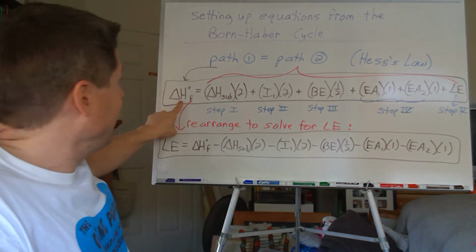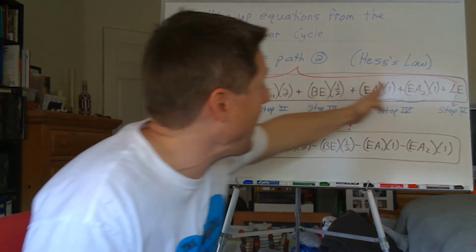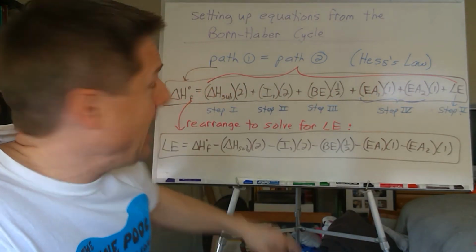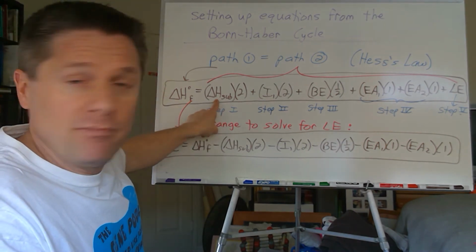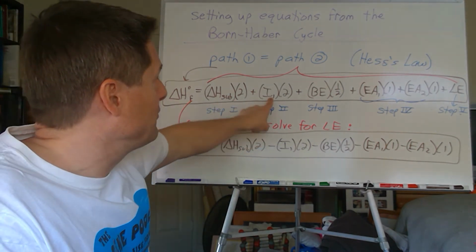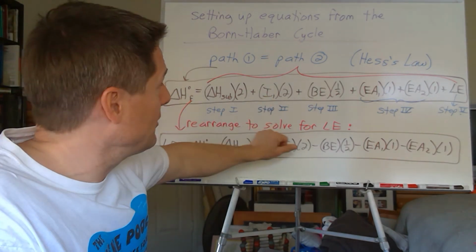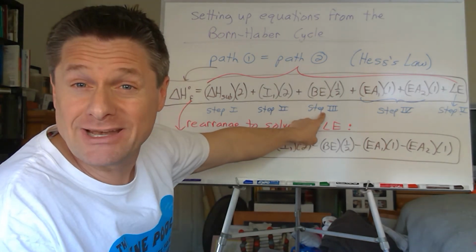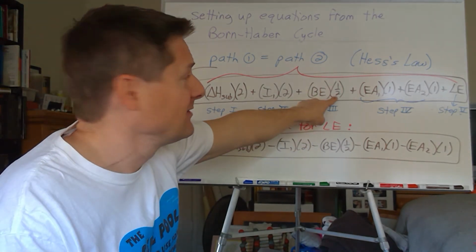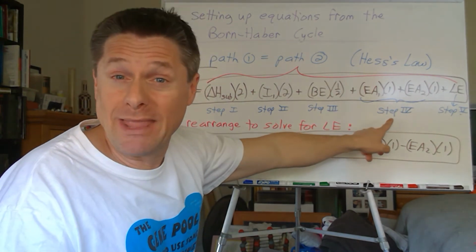So from path 1, that's just the standard heat of formation. Easy peasy. That should equal all of path 2, those 5 steps added together, which was from step 1, molar heat of sublimation times 2 for silver oxide. For step 2, we ionized the silver, right? So 2 times the ionization energy. Step 3, we had to break the oxygen in half, the diatomic oxygen. Since we had a half a mole, we had to times it by half. Then we had to add electrons to make it a -2 charge.